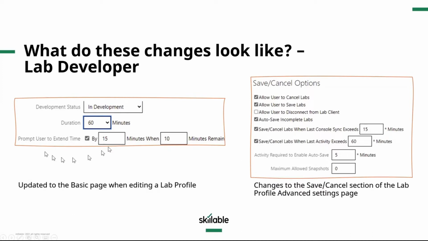The prompt user to extend time box on the left hand side, where I've got 15 in there at the moment, we don't validate that correctly for a time. So for example, I could say prompt users to extend time by, let's say, 480 minutes, and it would save that.